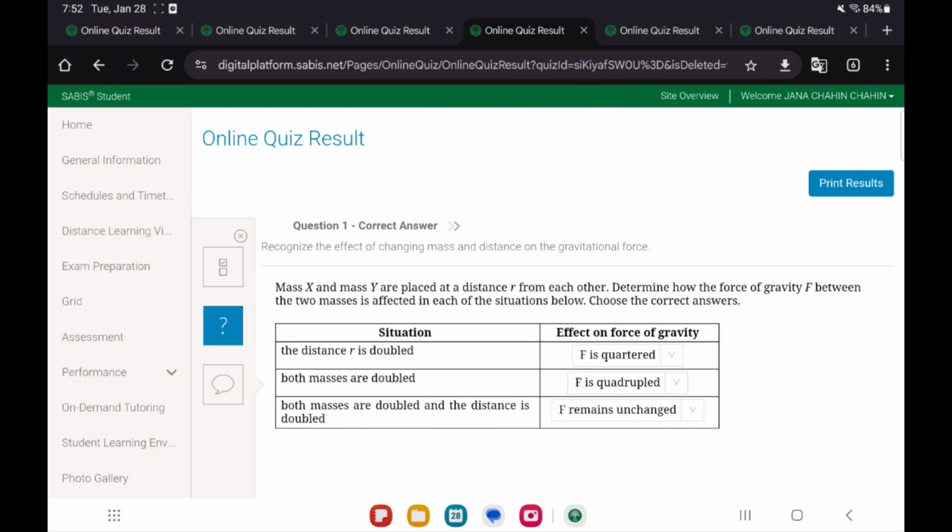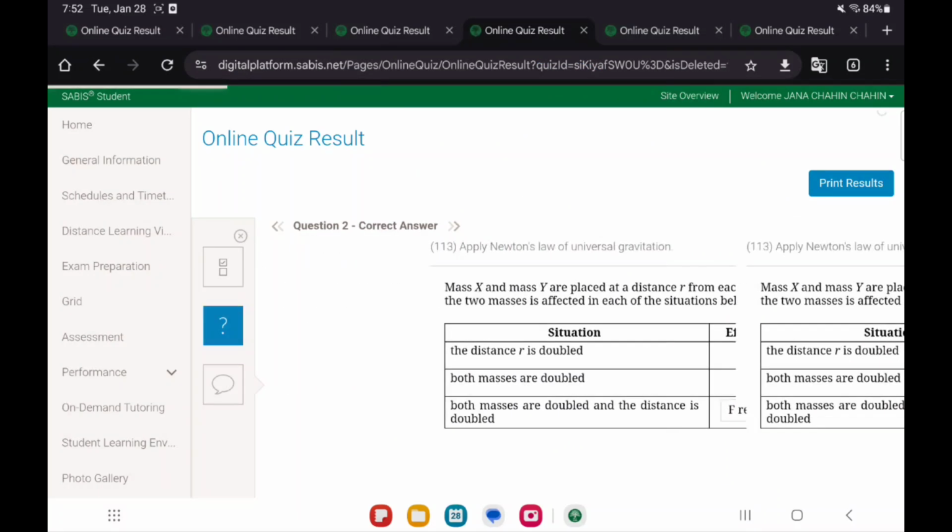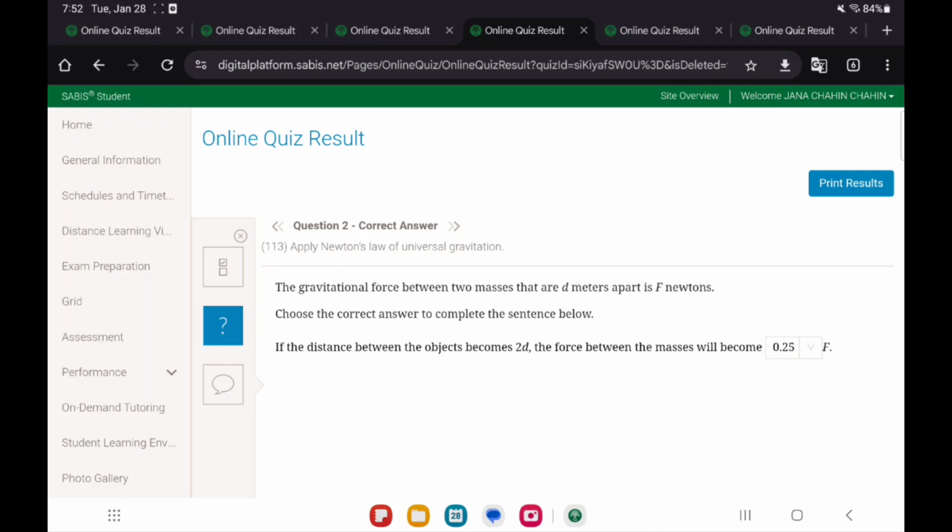Okay, let's go to the second question. I was just solving the AMS a minute ago, and that's why I saw this question. We literally did this last question, but it was worded differently. 2d, which is 2 distance, which is r, because I told you that r is distance.